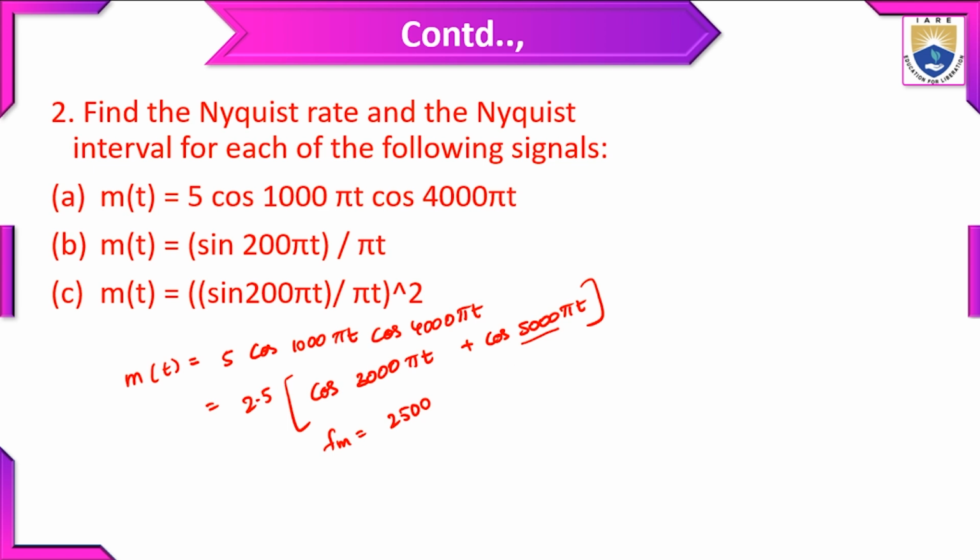And the Nyquist rate Fs is simply taken as greater than or equal to 2 FM, so Fs is nothing but 5000. And the Nyquist interval is equal to 1 by Fs, that is 1 by 5000, which is 0.2 millisecond.